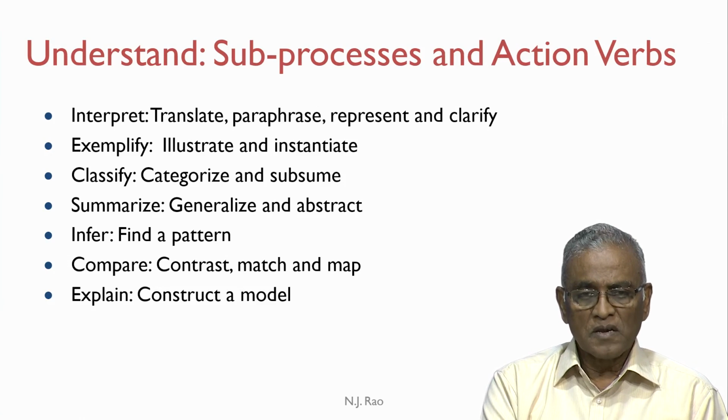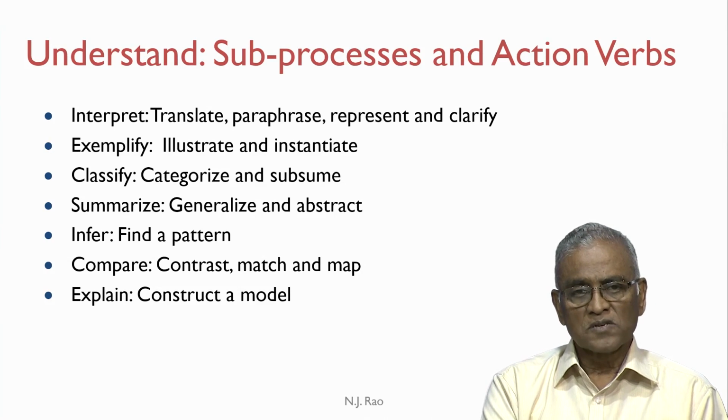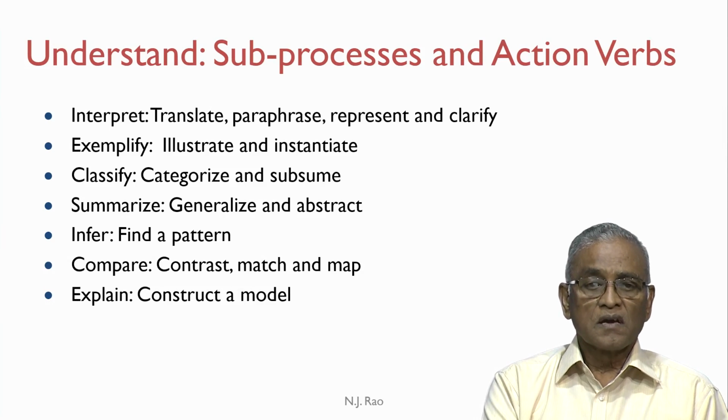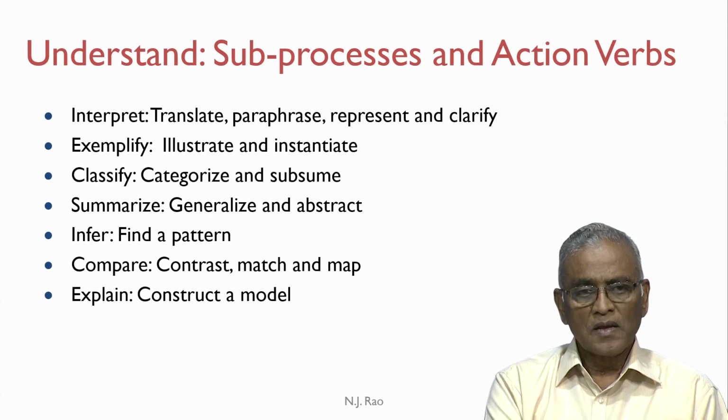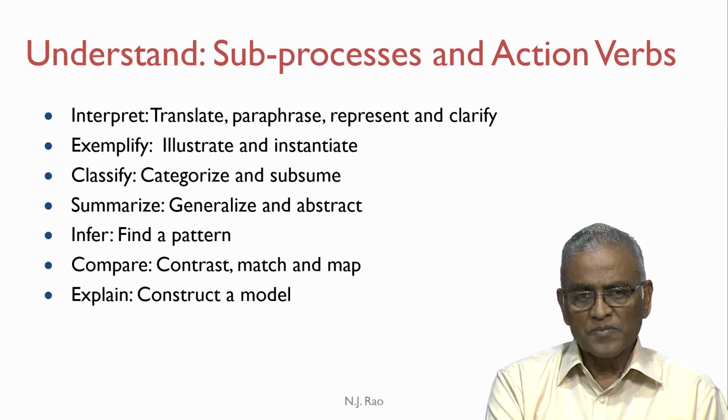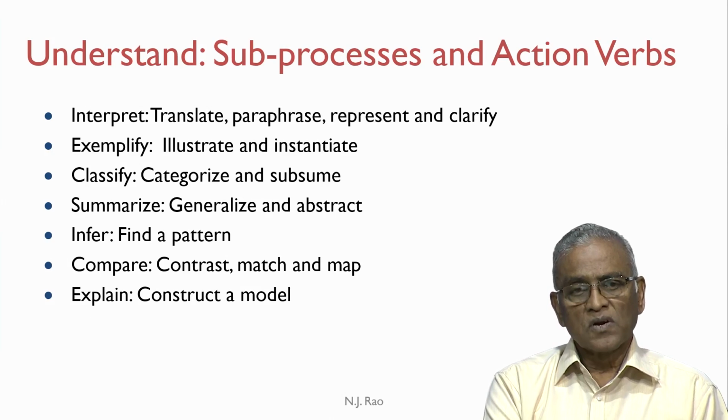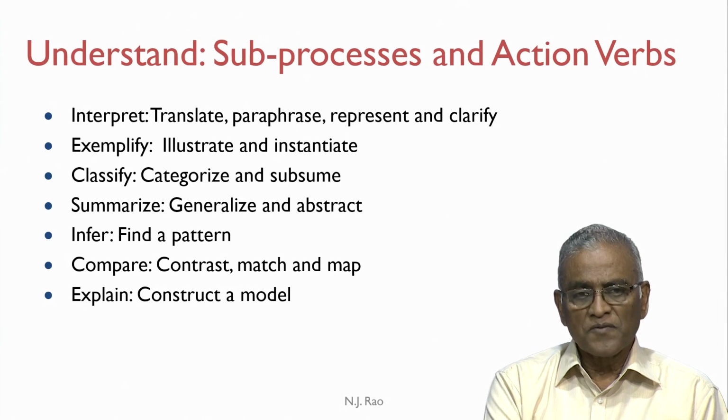Something elaborate or complex is presented to you, and you convert, let us say, a verbal description into a mathematical form, that is an abstract form. That is one way of summarization. Then you are inferring something. In whatever you are presented, you are finding a pattern. You are inferring that the elements of what is presented are related in one particular way.